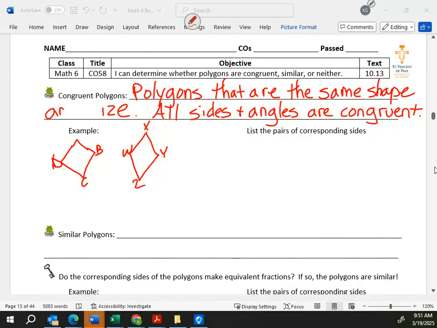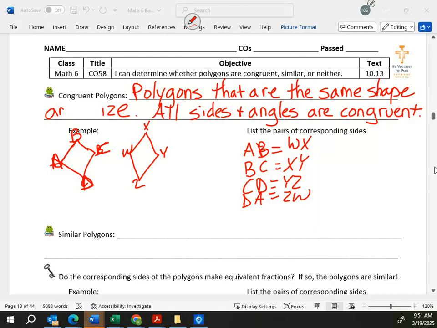I'm going to put my A here, B up here, C here, and D here. So we look at this, this line segment AB is equal to WX, BC is equal to XY, CD is equal to YZ, and DA is equal to ZW. They're all congruent. They equal each other.